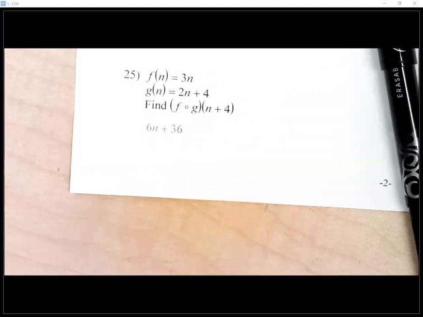Did it match? Oh, yay. I'm so happy. All right, I'll do it together.